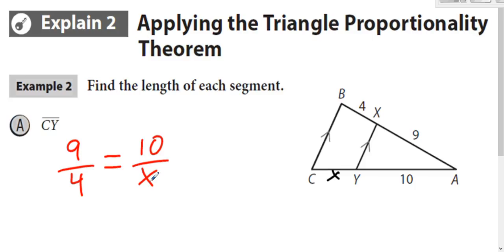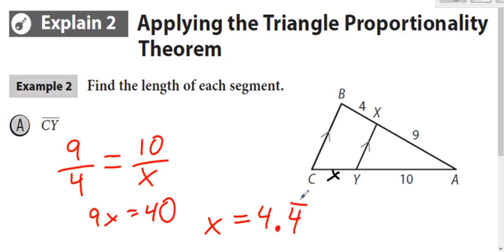The sides are split proportionally. So 9 over 4 equals 10 over x. Cross multiply. 9x equals 40. So that's 4.4 repeated. Or you could have just left it as a fraction, 40 over 9, that would be okay.